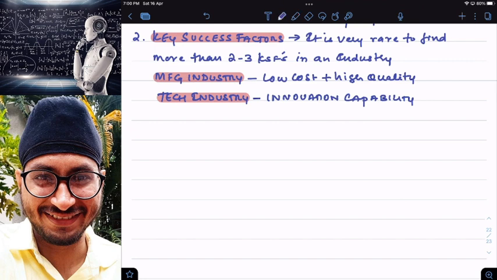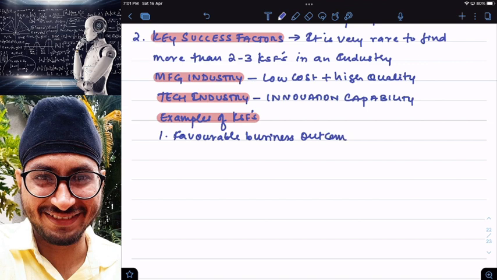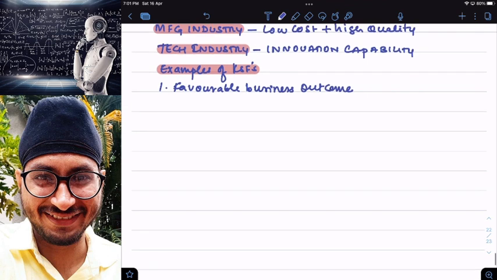Now, some examples of key success factors. How can I say whether an industry is having a key success factor or not? Number one, favorable business outcome. Favorable business outcome means profits. Example is profits. Then resources.